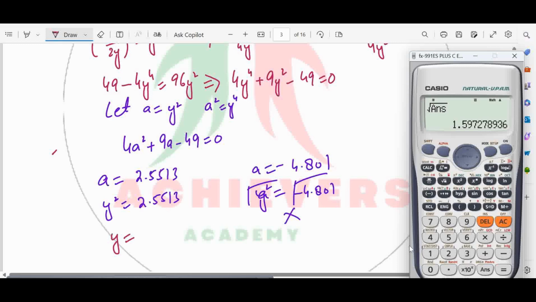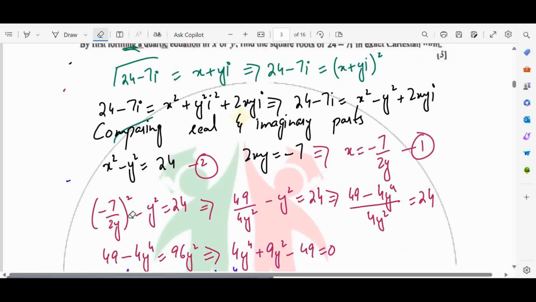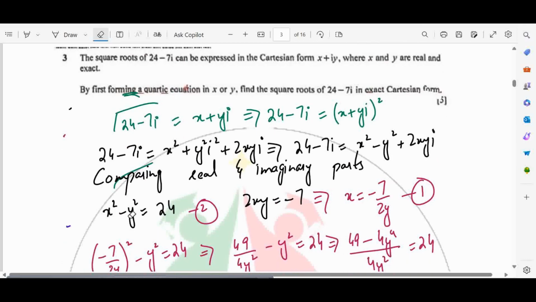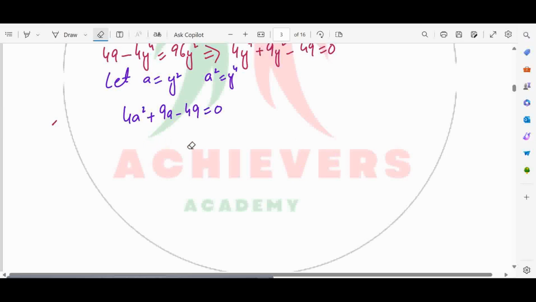But here there is a problem: we have to take the exact answers, so we cannot use decimal forms, because in the question they have mentioned that we have to find the square root in exact Cartesian form. So it means we have to use the fraction form, or we have to use the middle term breaking.